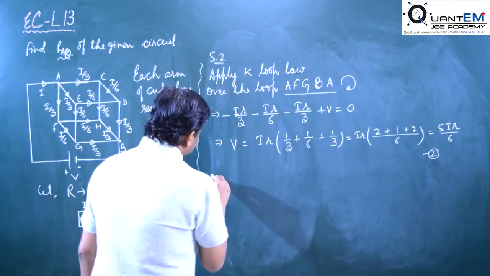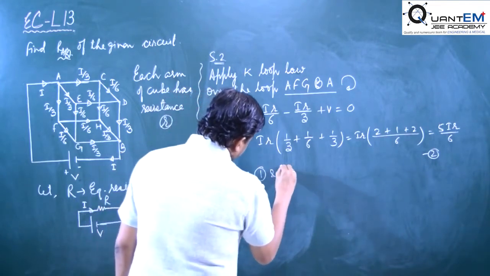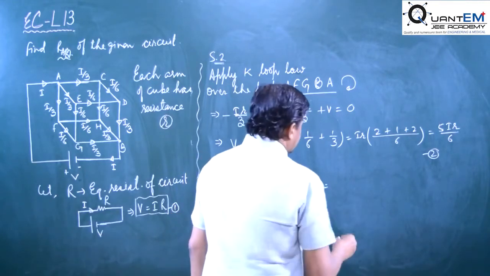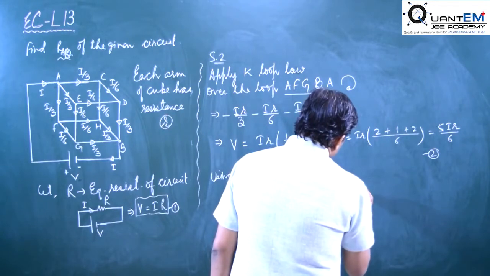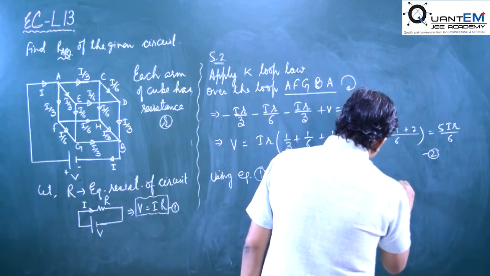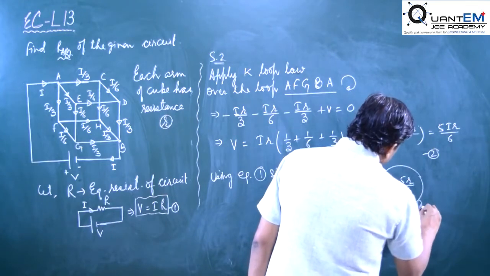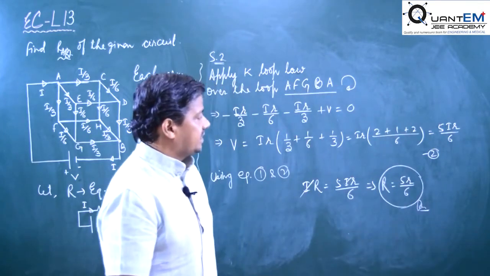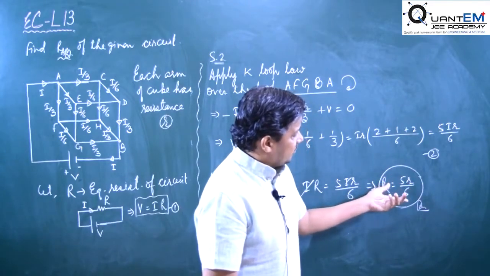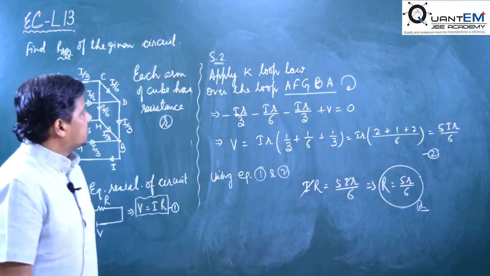Now using equation 1 and 2, we have IR is equal to 5IR by 6. The result we get is that the equivalent resistance of this circuit is equal to 5R by 6. And if this one is a capacitor circuit, then for equivalent capacitance interchange the position of 5 and 6. The numerator position will change. That will be C equivalent is equal to 6C by 5. So that is the equivalent resistance of the circuit.